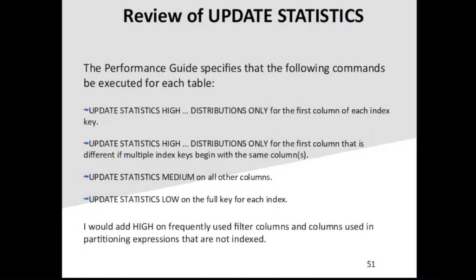So if you have an index on A, B, and C and an index on A, B, and D, you need to do highs on column A because it's the leader of both of those indexes, and on C and D because they are different. The third column is different. The second column is the same, so you don't need to do column B. B can stay in the list of medium.